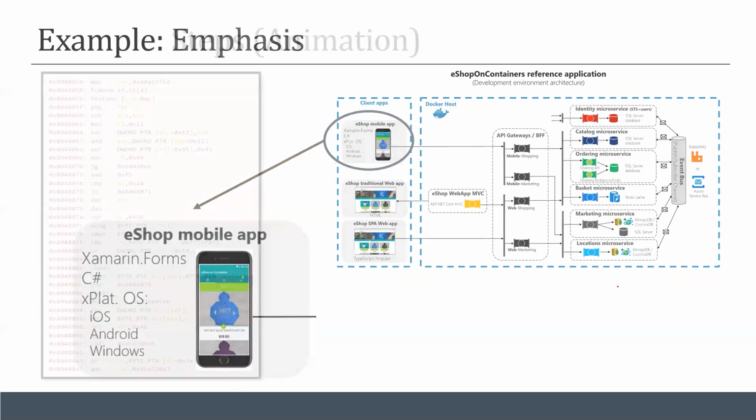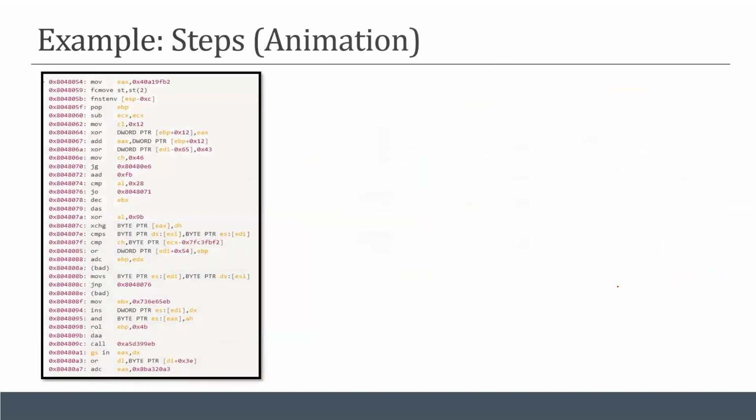And another thing is we can use the animation with the steps. So for example, on the left side, let's suppose that there are tons of different disassembled instructions. People don't know what this is, right? So in this case, with the animation, you can explain one by one. Okay, so look at the first line.